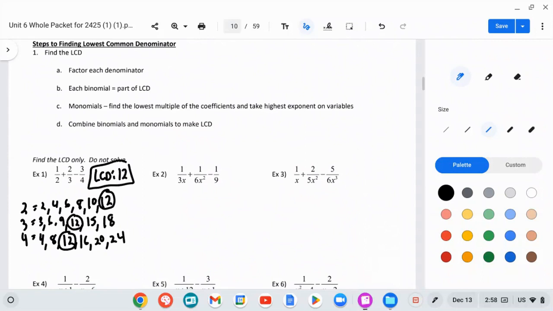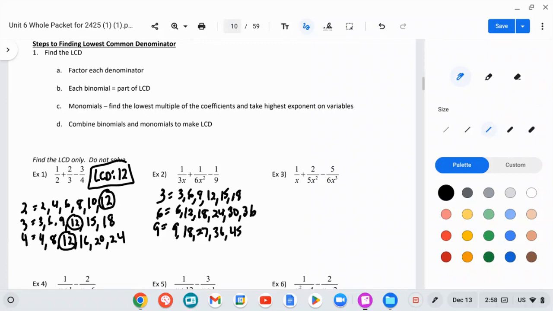The next one has numbers and variables. So we'll do the numbers first, separate from the variables, because the variables are always the easy part. We have 3, 6, 9, 12, 15, 18; 6, 12, 18, 24, 30, 36; 9, 18, 27, 36, 45, 54.